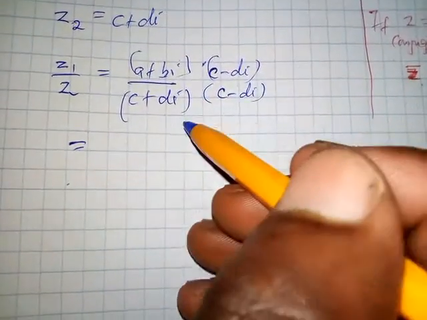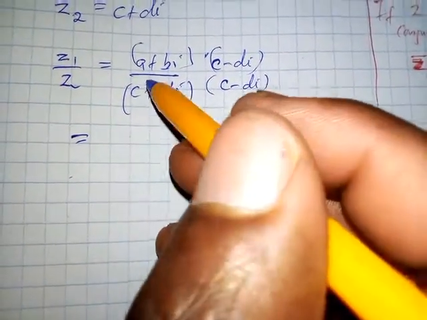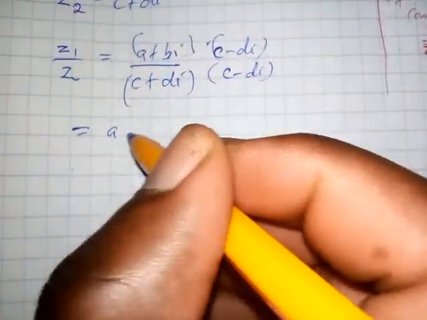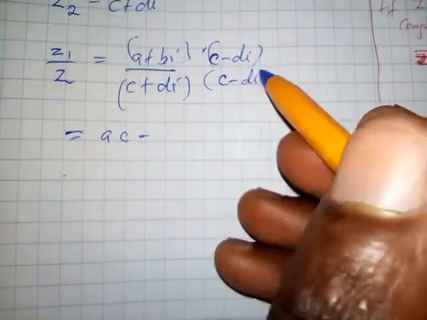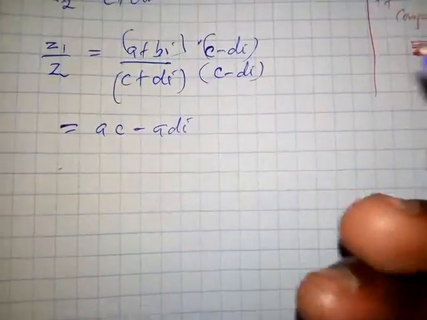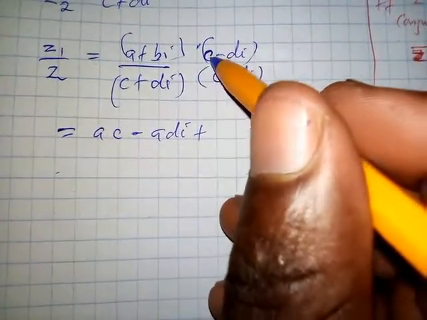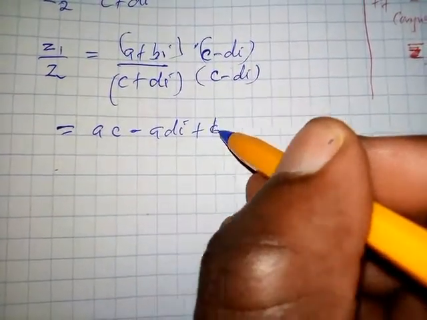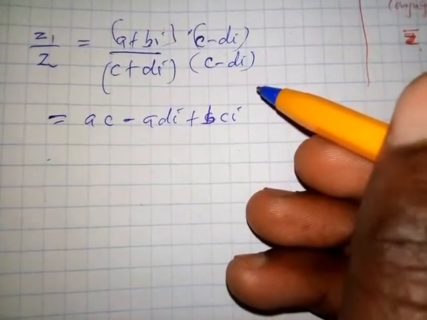So a times c is ac, minus a times di is adi, plus bi times c is bci.